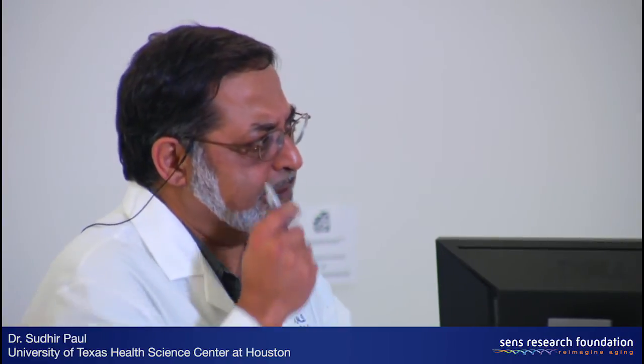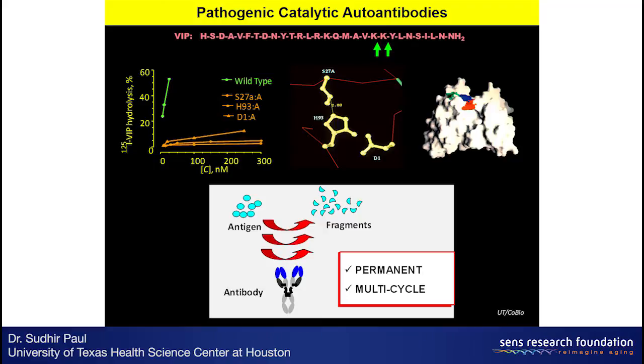So the catalytic function is best found in IgM and to some extent in IgA, and it's difficult to find IgGs with the catalytic activity. Now again, I've included this slide to show an example of a pathogenic catalytic autoantibody.